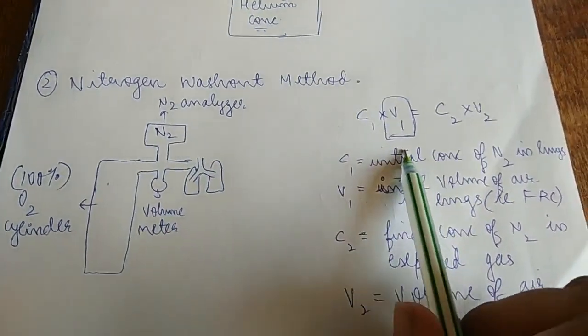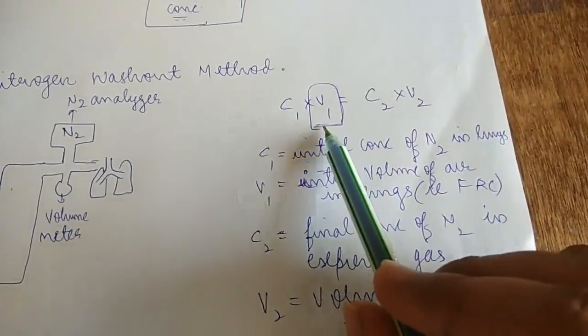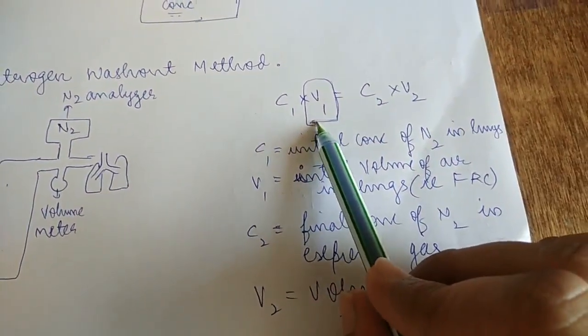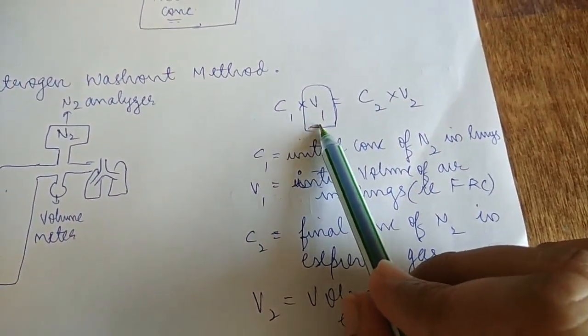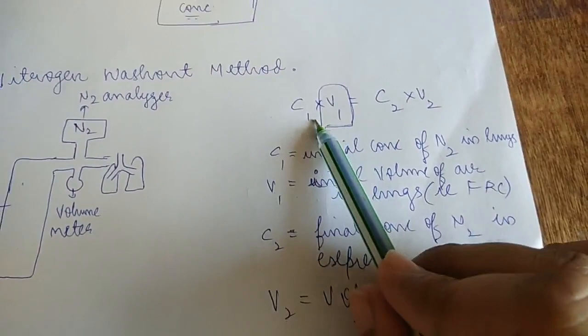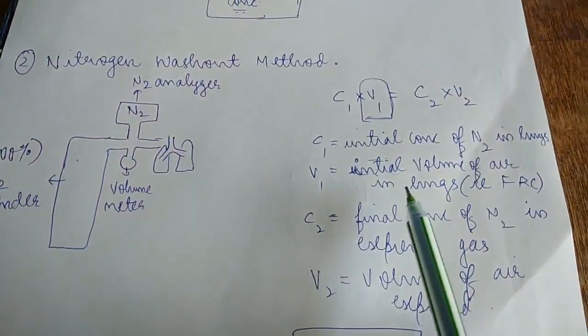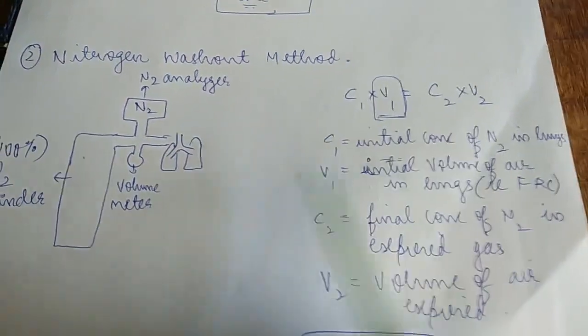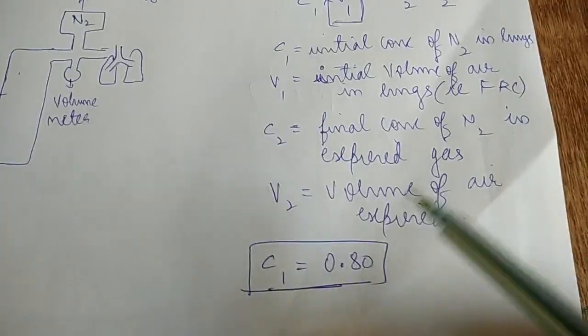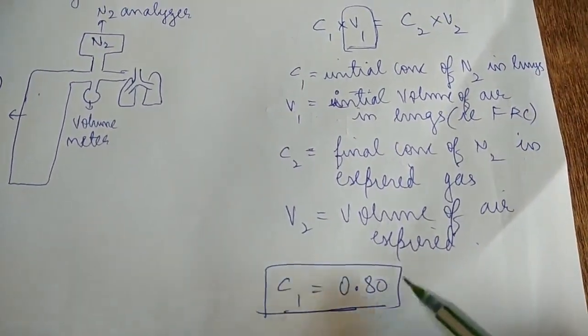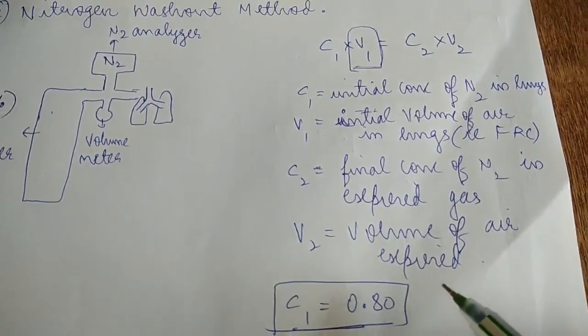And again, by the same formula, law of mass conservation, we have C1 V1 is equal to C2 V2. C1 is the initial concentration of the nitrogen in the lungs. For all practical purposes, C1 is 0.80.